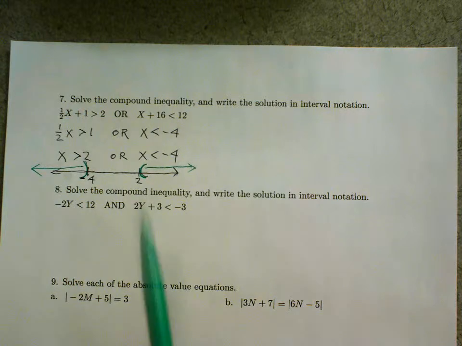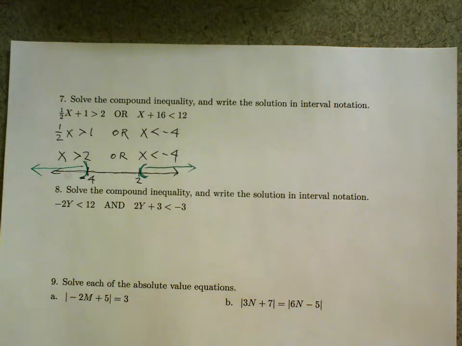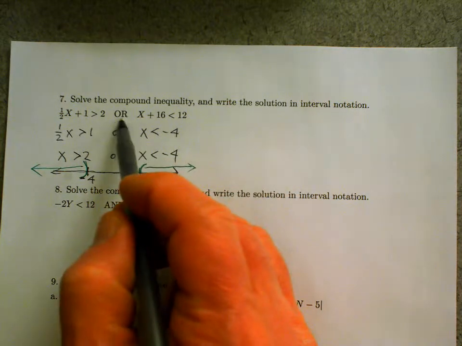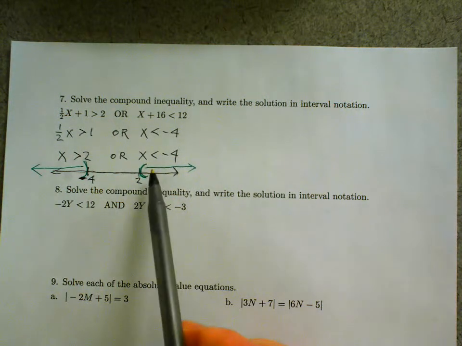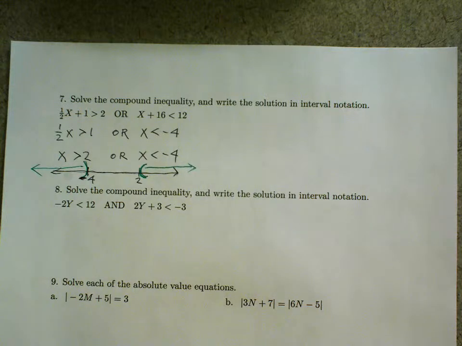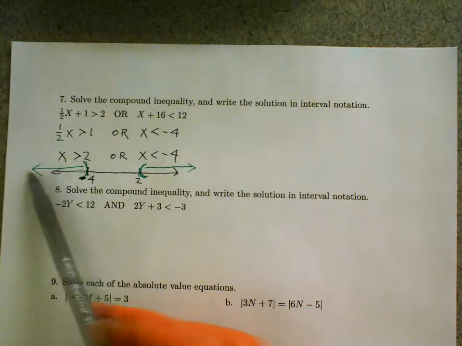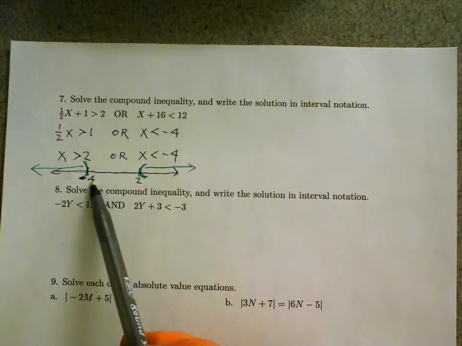It's true that x cannot be both of those at the same time, but the compound inequality says or. x can be greater than 2, that's a solution, or if not, it could be less than negative 4. The only restrictions are the numbers that are between negative 4 and 2.